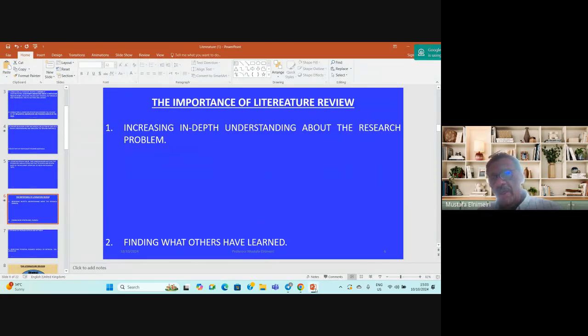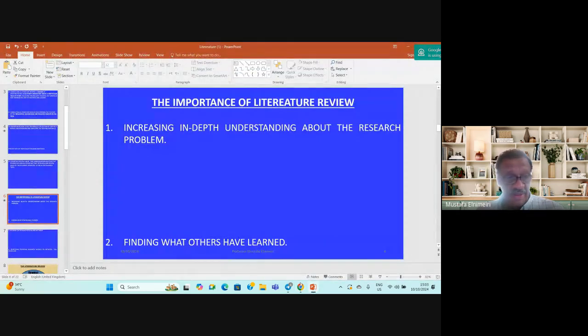Also, through the literature you will come to find what other investigators and researchers have learned, and what the lessons learned by other researchers are. This is very important so that we can learn from these lessons.